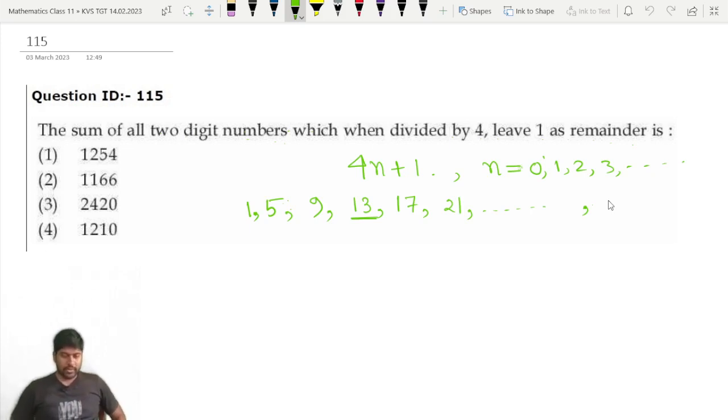So which one? Can you tell? Which number will be the last two-digit number which when divided by 4 will leave 1 as remainder?